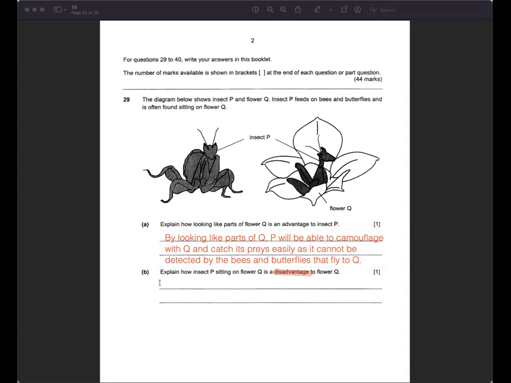Okay, so let me share with you the answer. The bees and butterflies that help to pollinate the flower will be eaten by the insect P. And thus the flower will be less likely to be pollinated.